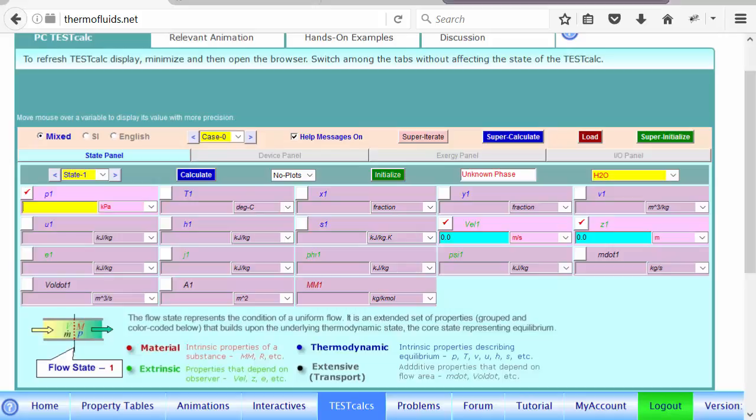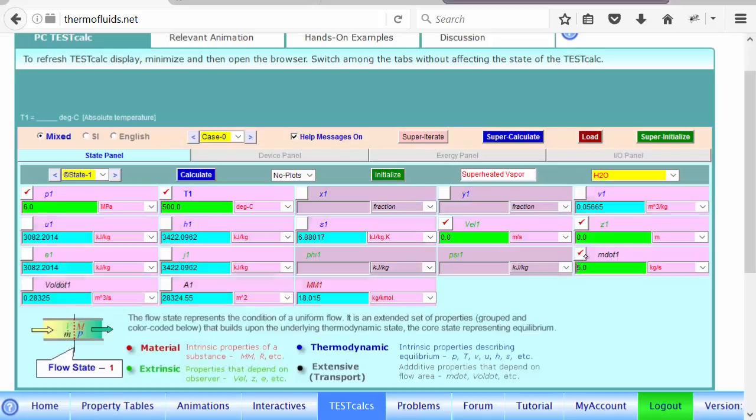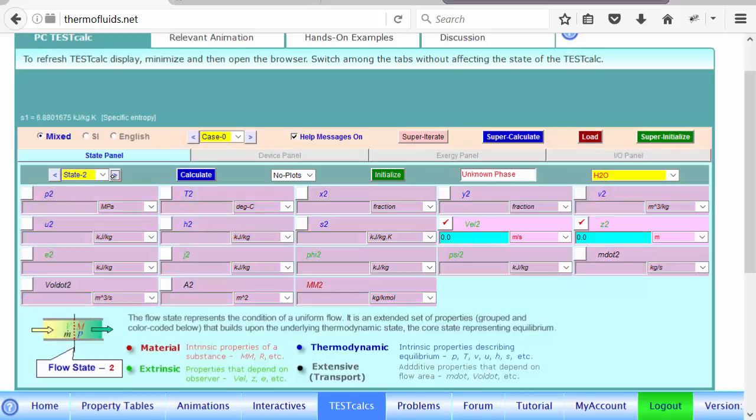And let's start entering what we know about the problem. State 1, what we knew are 6 MPa, 500 degrees Celsius, and mass flow rate of 5 kg per second. And that gives us enthalpy and entropy, which we can verify to be correct compared to what we got manually. Let's go to state 2, the ideal state. So we know the ideal state has 4.5 kPa.